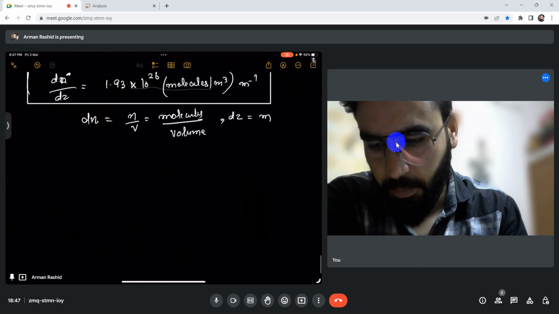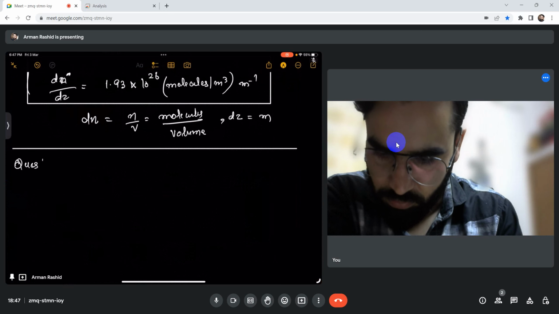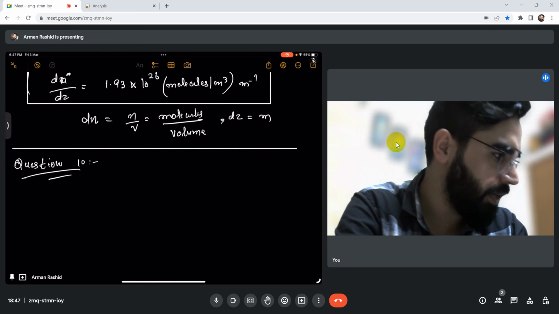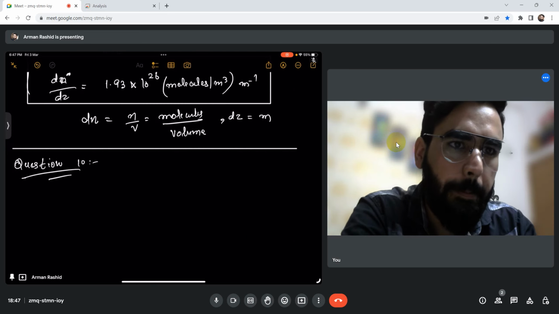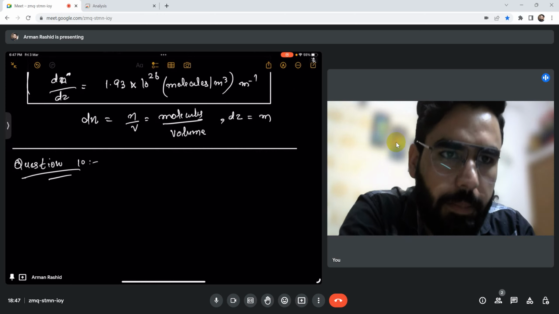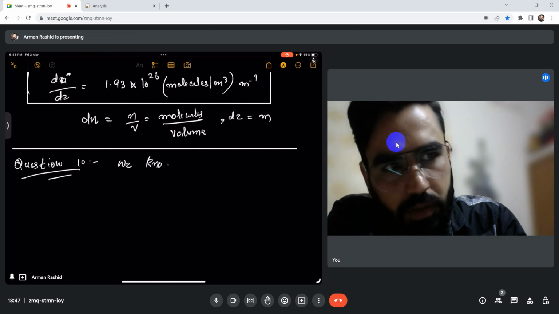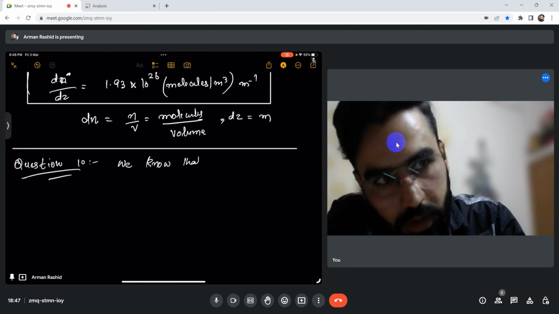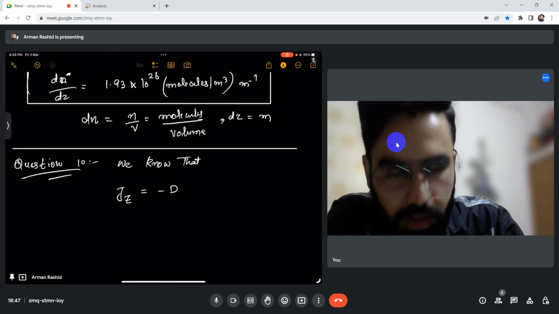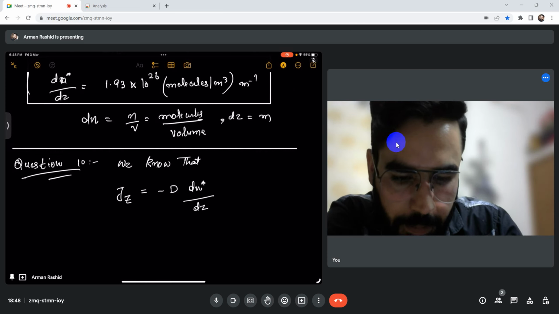Okay, so we have question number 10. Okay, so the question number 10 tells us we have to write the diffusion numbers that are crossing the area. Okay, so for that, I already have shown you that flux is given by D, that is the diffusion coefficient, dn star by dz.